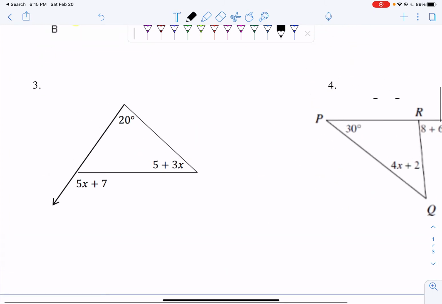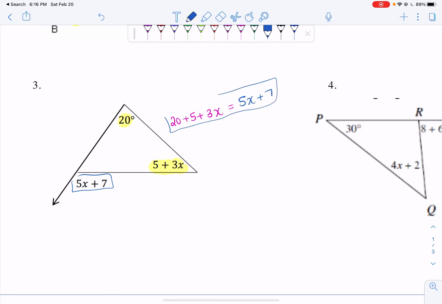Let's go on to a little more of a challenging one. Number 3, my two interior angles are 20 and 5 plus 3x. So I can do 20 plus 5 plus 3x is equal to my exterior angle of 5x plus 7. And that's your final answer.